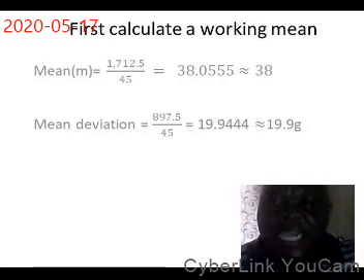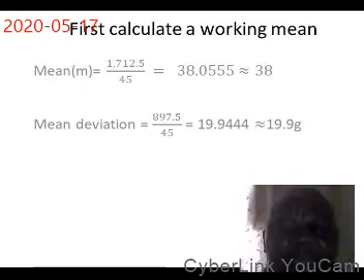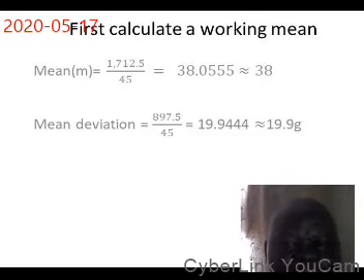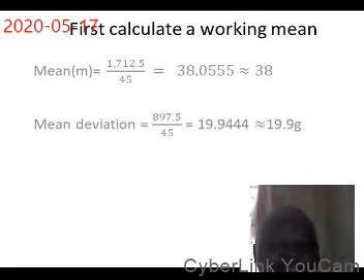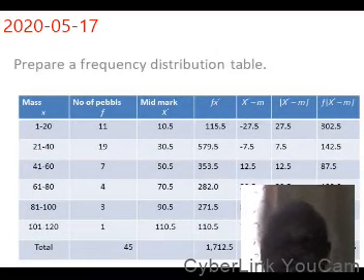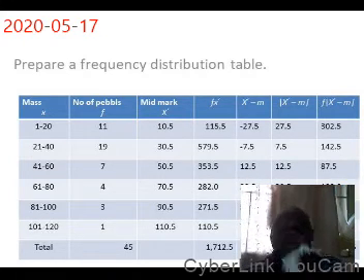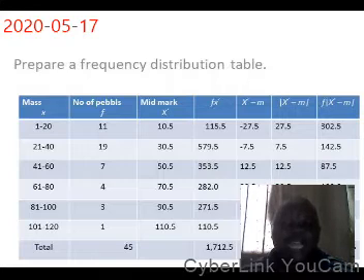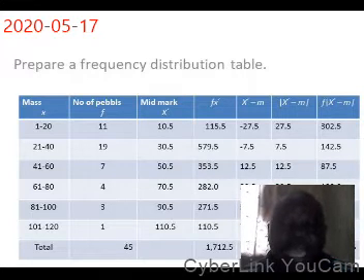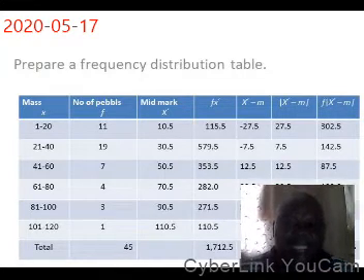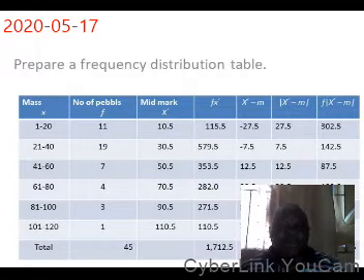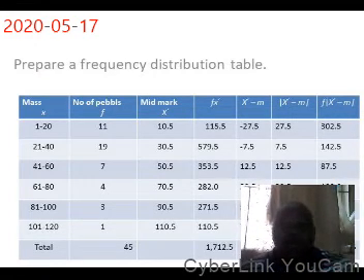That will give you 38.0555, approximately 38. Then we now go for the mean deviation. Of course, the mean deviation is the deviation from the mean, which is x prime minus M. In this case, our M is the mean.